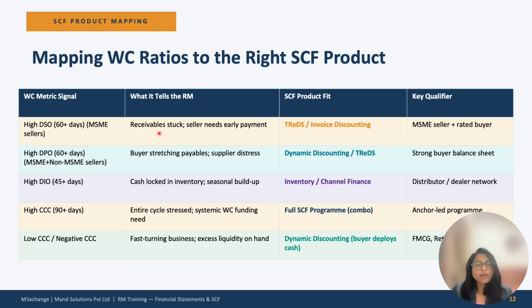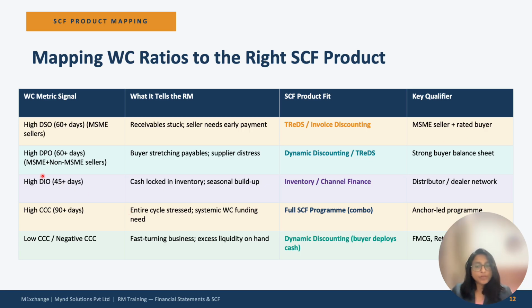That the receivables of this MSME seller are stuck, and that is why the seller needs an early payment. The SCF product which fits this requirement is either your TReDS or invoice discounting. As I discussed, the key qualifier will be an MSME seller plus a rated buyer on the platform.